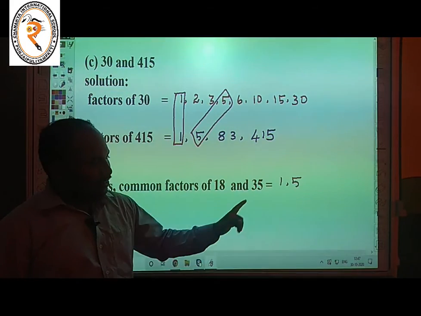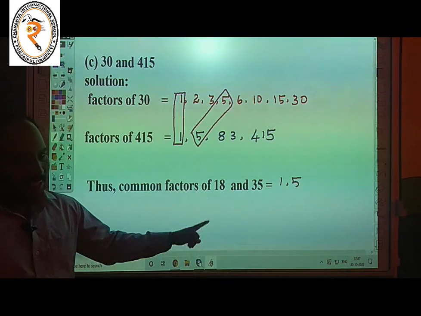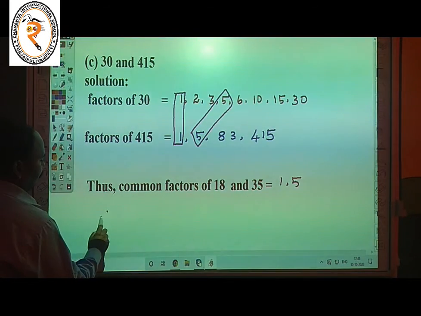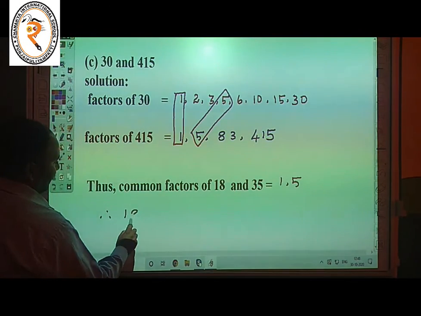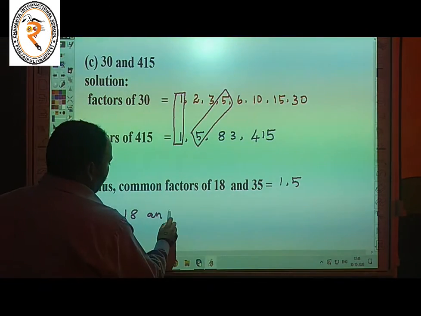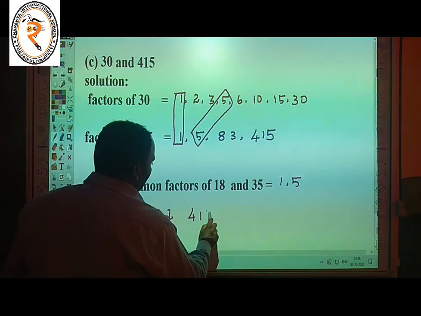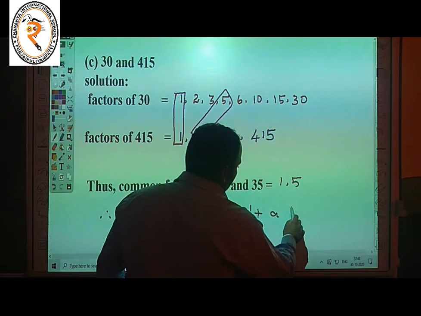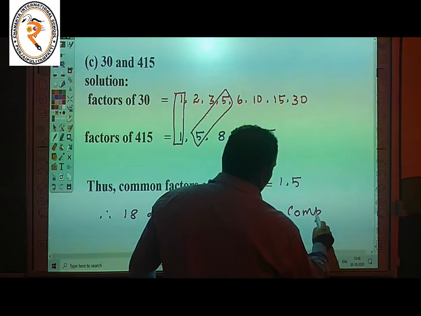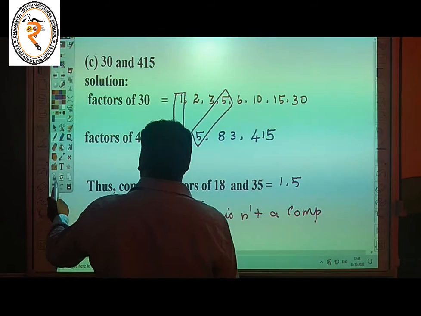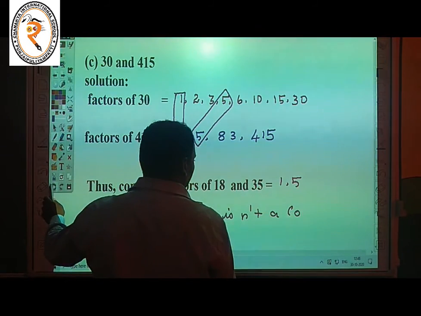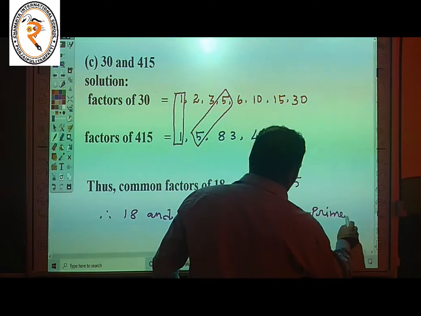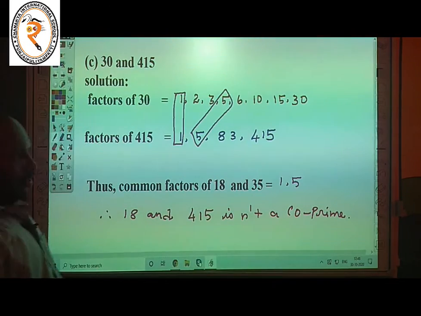We have two numbers, that means 1 and 5. So it is not a co-prime. Therefore, the given numbers 30 and 415 are not co-prime.